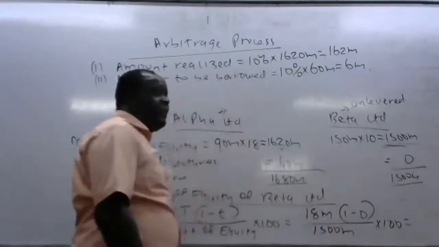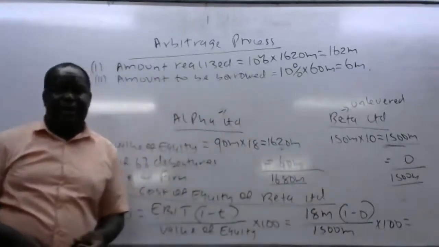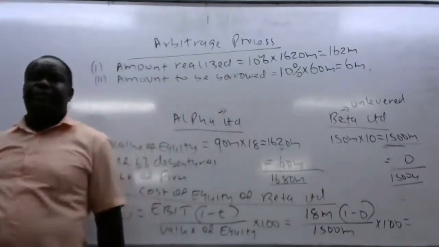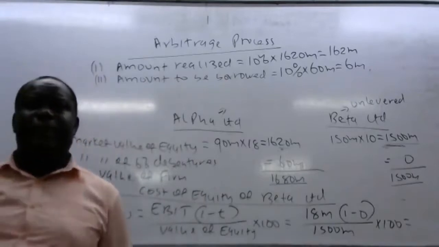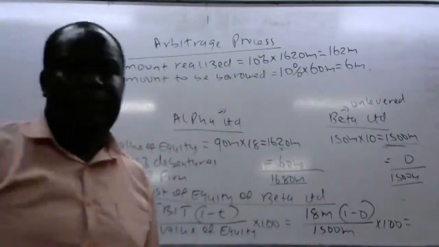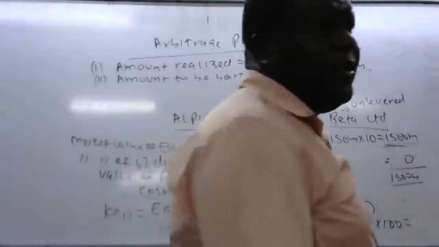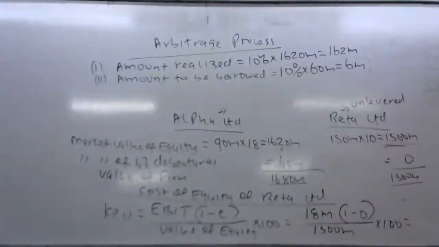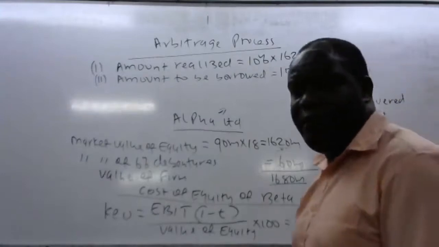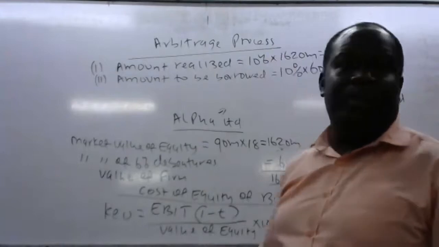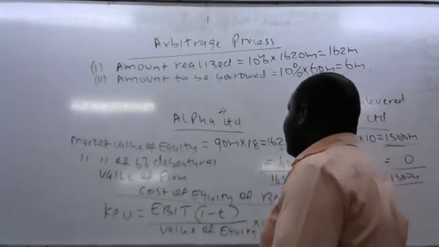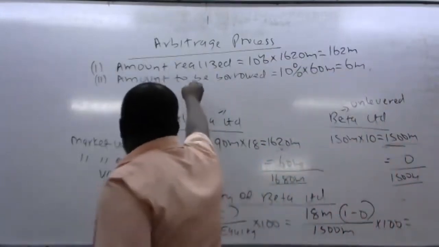Then, still on that step, you can now add there a paragraph by noting that, therefore, the total amount available for the investment will be equal to.